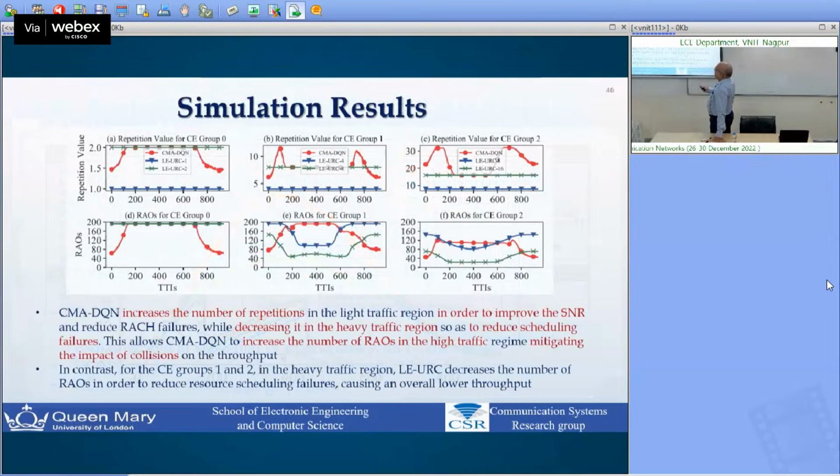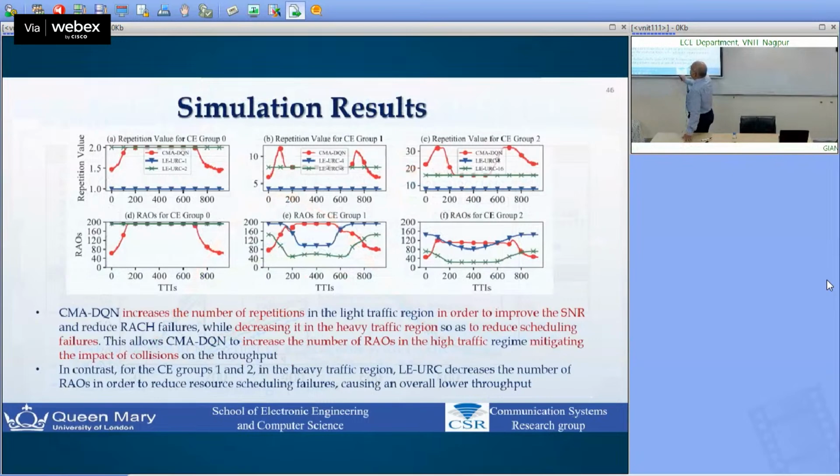So if you take the machine learning one, the red one, this one is the repetition value. This random access opportunity means the multiplication of the other two parameters. There are three parameters: one is the repetition value, another is the number of preambles, and another is how many random access opportunities. This one is the number of preambles multiplied by the allowed number of random access attempts. That is called random access. So this is one parameter, the multiplication of the other two parameters.